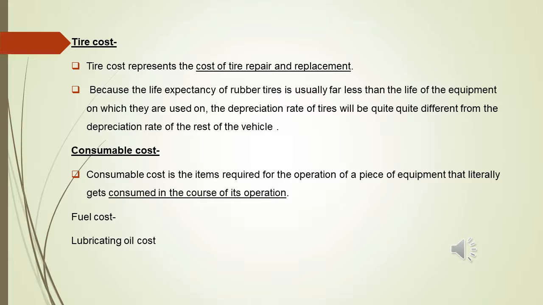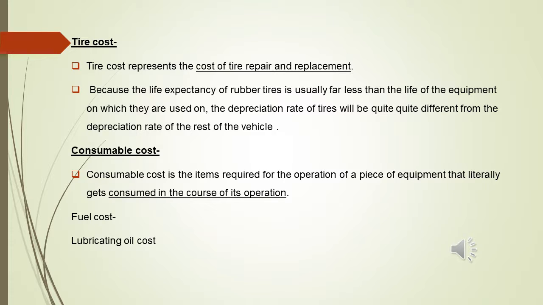You can't compare a tire to the whole equipment, right? A tire wears off with use and it can be replaced. So the depreciation rate will vary between the tire and the equipment without the tire.